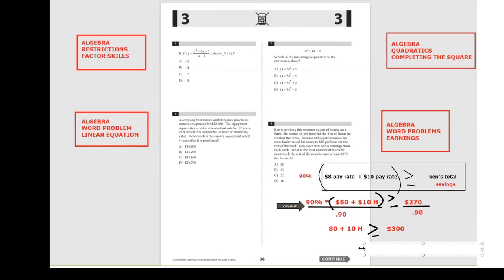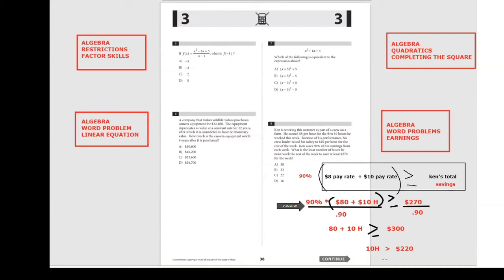And then divide by 10. 10H equals, what's 300 minus 80? 220. $220 more to earn. And what's the correct answer? 22 hours. Yeah, so then dividing by 10 would be 20.